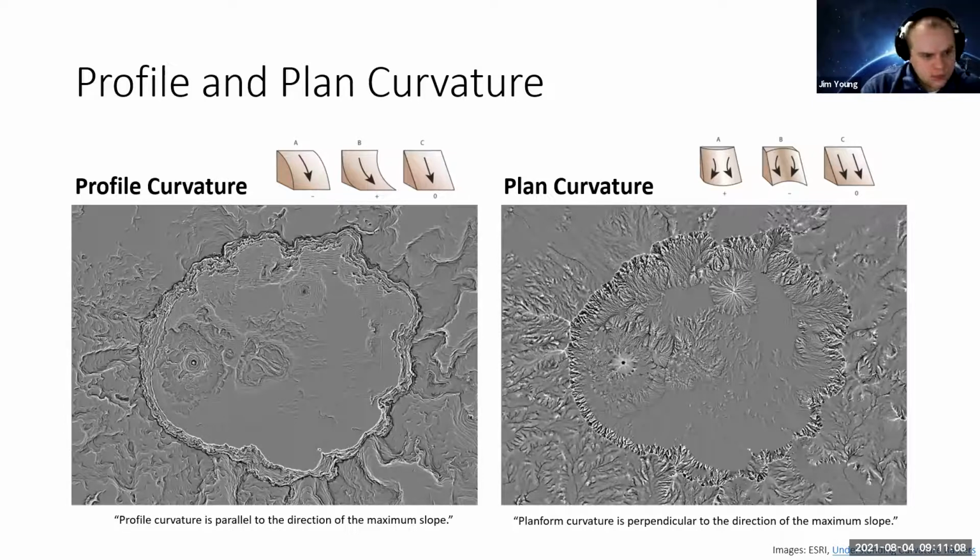As you can see, on the left side, profile curvature really maps what looks like horizontal changes in curvature, and then plan curvature maps more of the drainage and valleys that are within the hillside.